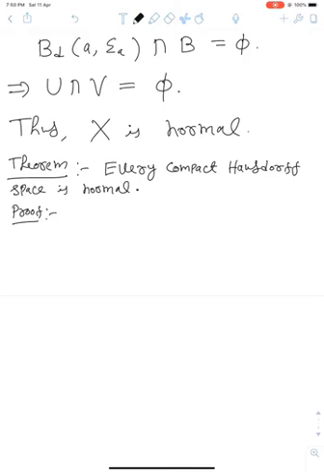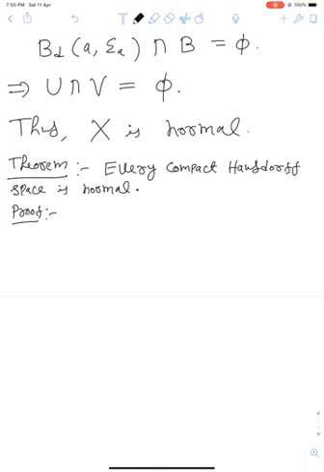So suppose it is given that X is a compact Hausdorff topological space, and we need to prove that it is normal. That means we need to check two properties, right? So first of all, that the singleton points are closed. Now this property is trivial. Why is this trivial? Because it is already given that the topological space is Hausdorff.